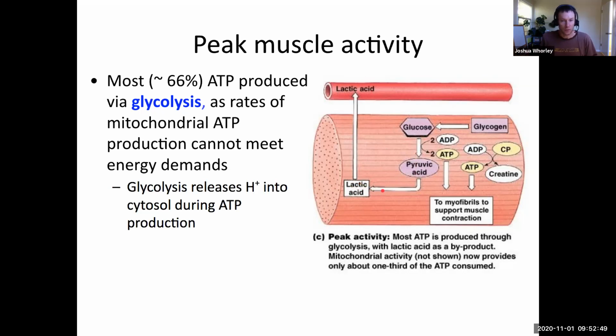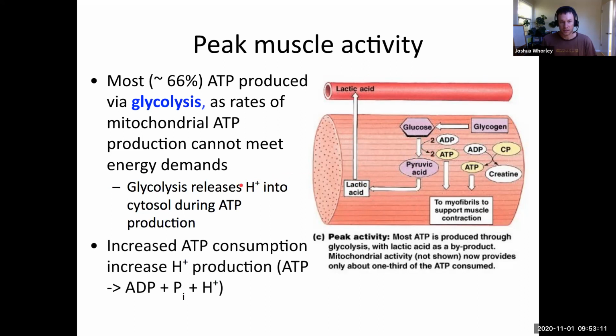And of course, because we're maxing out our mitochondrial activity and our ATP production via aerobic metabolism, we're also producing a lot of carbon dioxide. And we're producing a lot more free hydrogen ions during this process that we talked about earlier. This glycolysis, remember, releases free hydrogen ions into the cytosol.